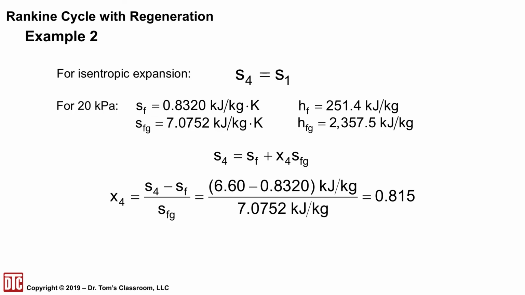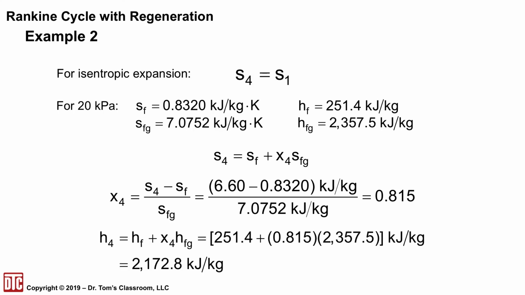Putting in the value for S1, 6.60, and the other values, we get a quality of 0.815. And so then we can use that to find H4. Put in the numbers again, the hf and hfg that we have, and get 2,172.8 kilojoules per kilogram.